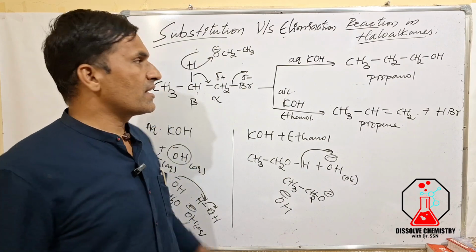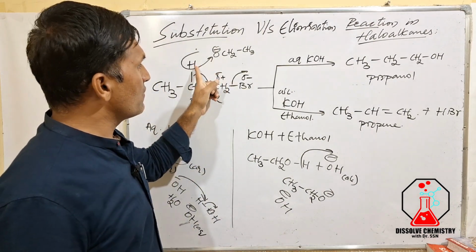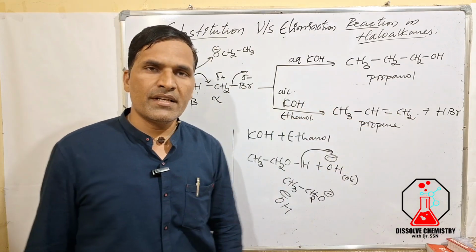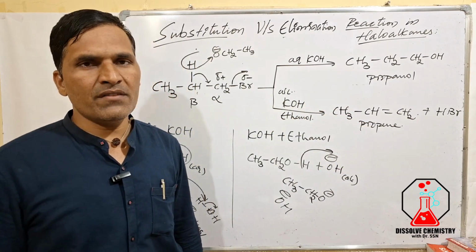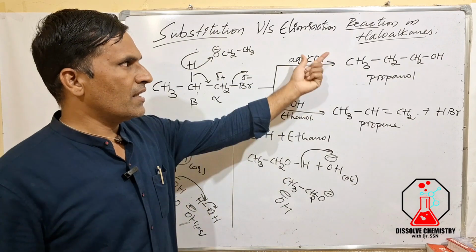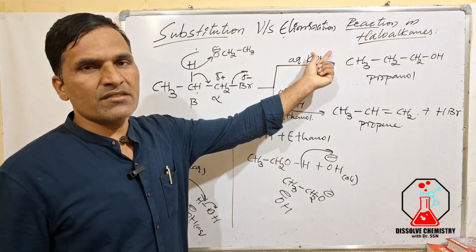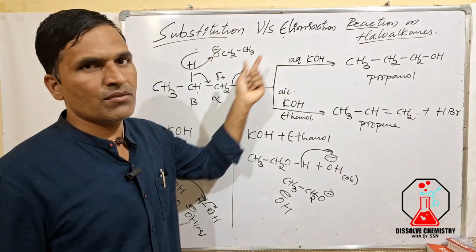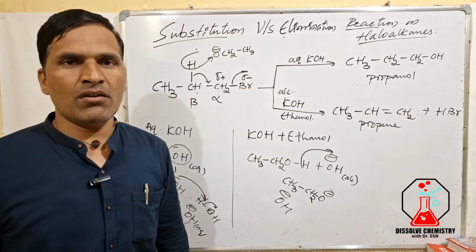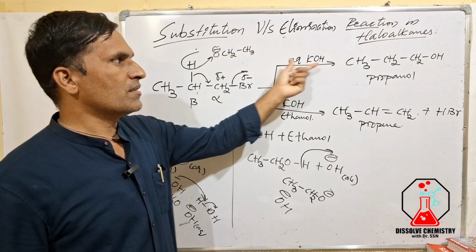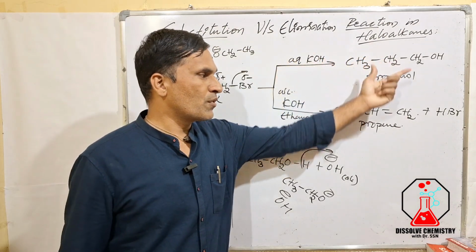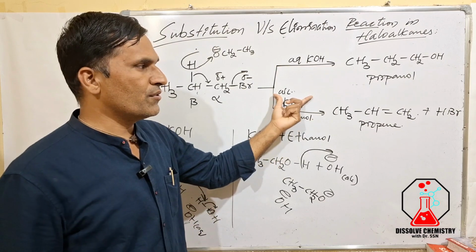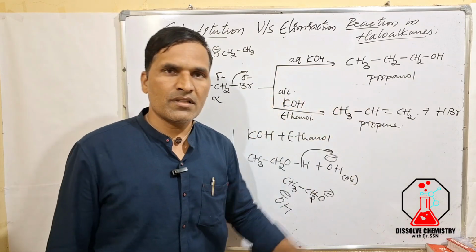Because of that, it abstracts the proton, leading to the eliminated product, propene. Whereas here, the free OH minus ion will be there in the aqueous medium, so it will substitute the bromide ion. So nucleophilic substitution will occur, leading to propanol, and elimination will occur in the presence of ethanol if you take KOH, leading to the formation of propene.